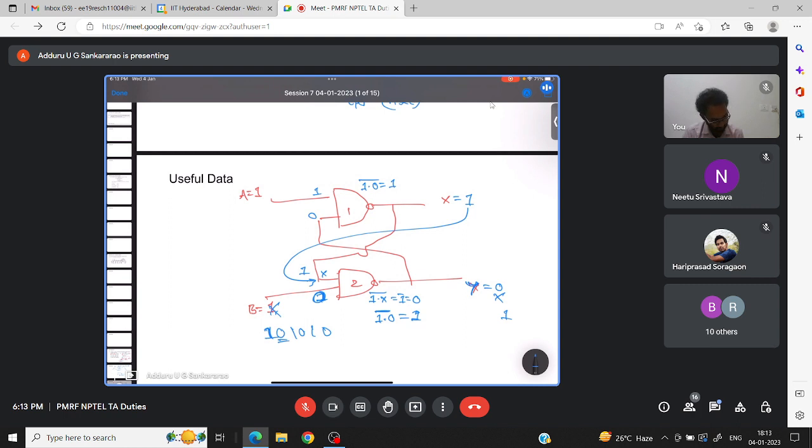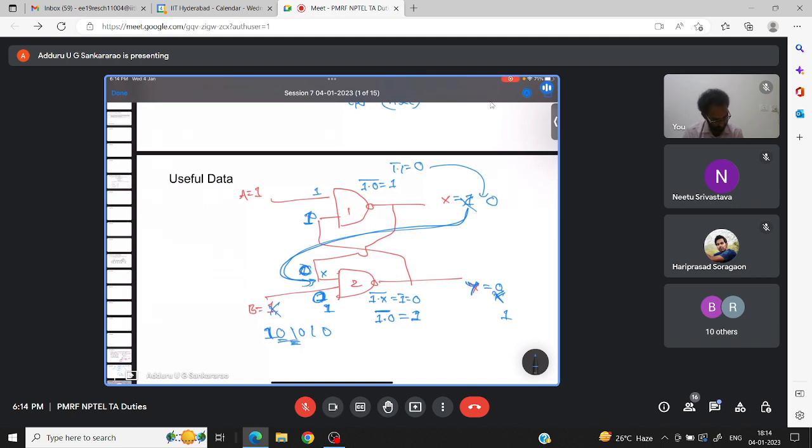Now this 1 is going here as feedback, 1 dot 1 whole complement, that is 0. Now 0 is going here. Okay. Next 1 is coming, the same. Now 1 is coming. 0 is here. Feedback 0 is coming here, right?